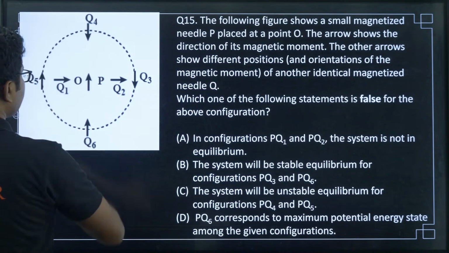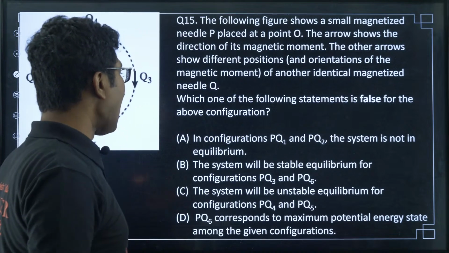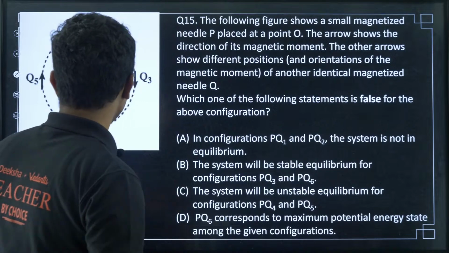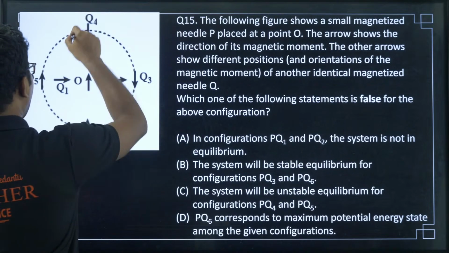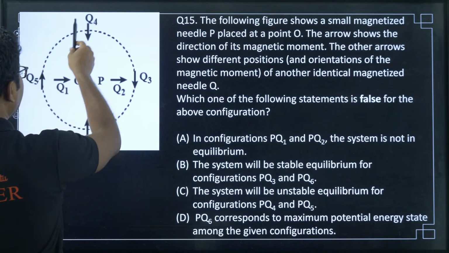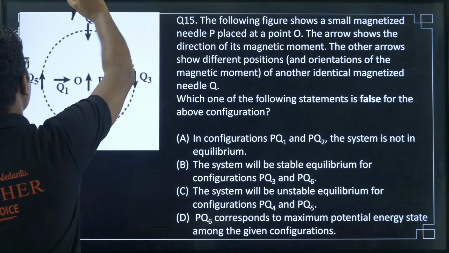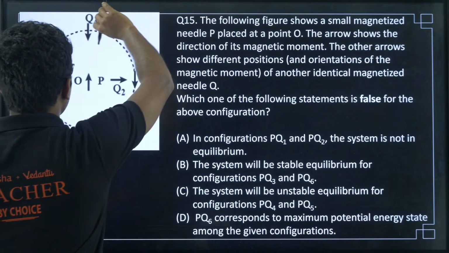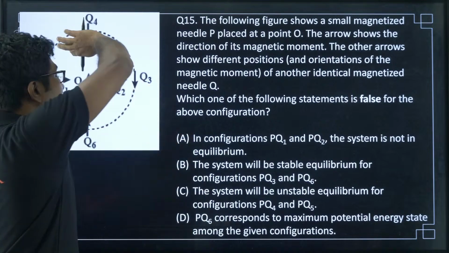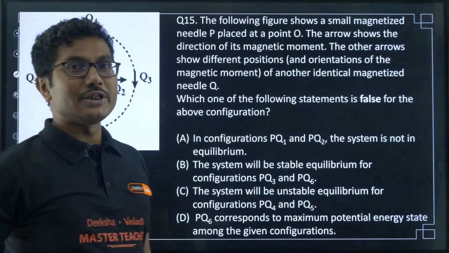Okay. Now let's see option C. The system will be unstable equilibrium for PQ4 and PQ5. So PQ4 and PQ5 are oriented in the same line, in opposite directions. What will happen is that they will be in unstable equilibrium. If you move them, then only they will try to move, otherwise the torque acting on them is 0.